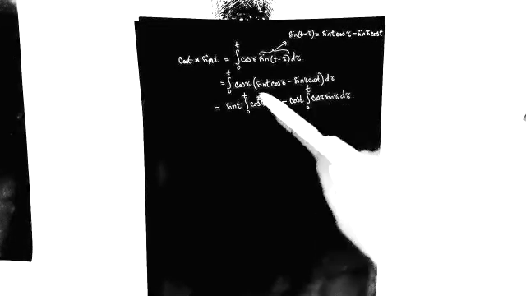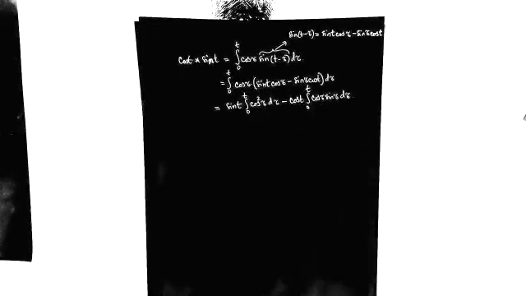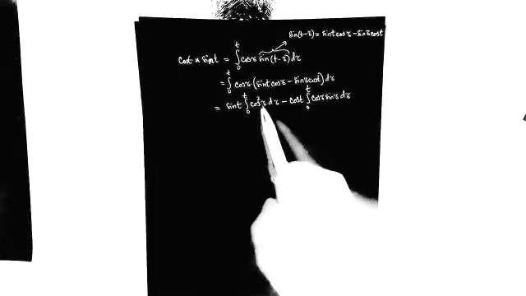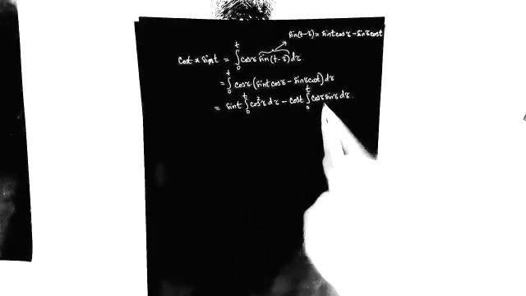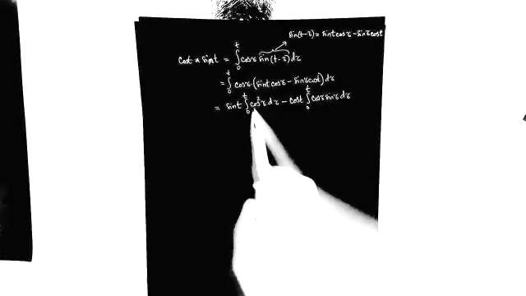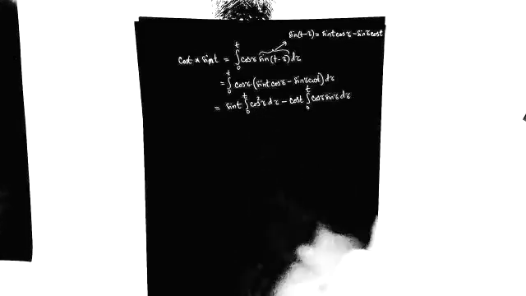So that's what you get when you cross multiply this and remove the parentheses. And now you need to integrate each of these. This one is easy. To integrate this one, you need to know the double angle formula to be able to answer that.